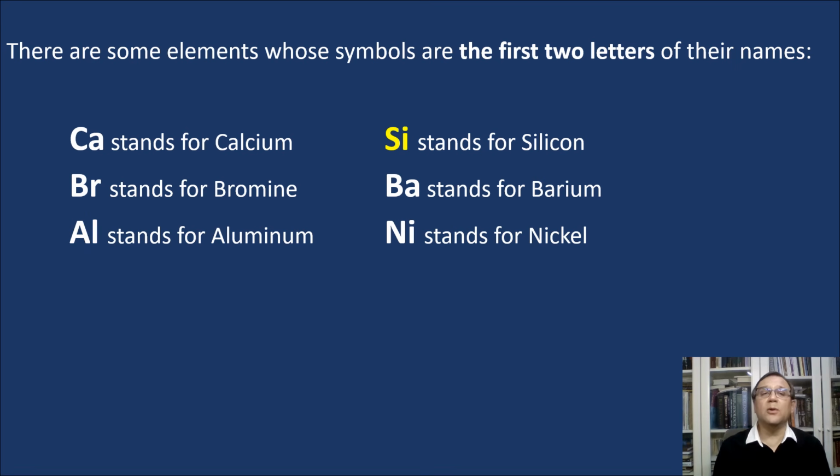Capital S, lowercase i, for silicon, from the Latin silex, meaning flint. Capital B, lowercase a, for barium, from the Greek word meaning heavy. Nickel comes from the German Kupfernickel, meaning devil's copper. Miners originally thought they had found copper, but were tricked by the new metal, hence the name.